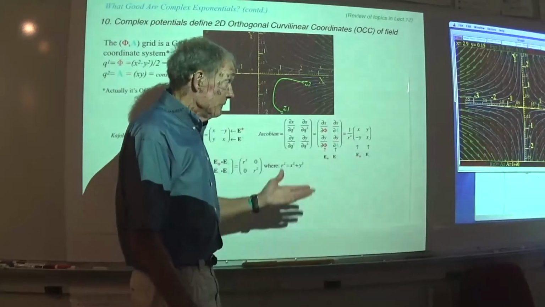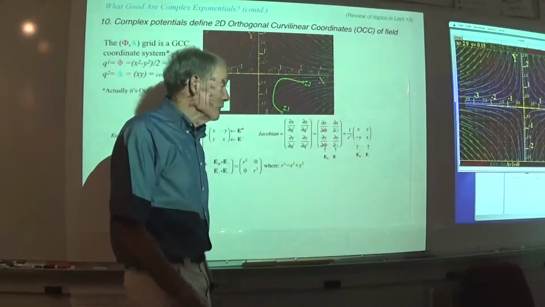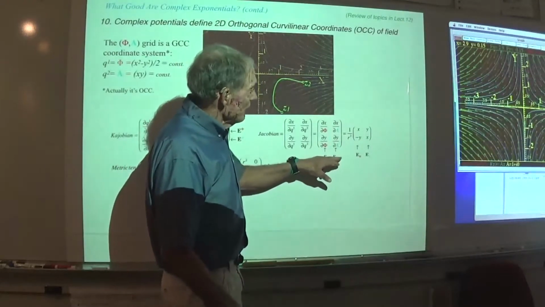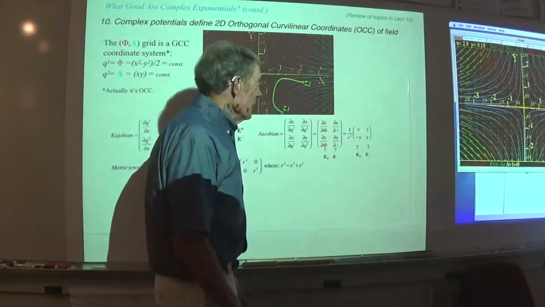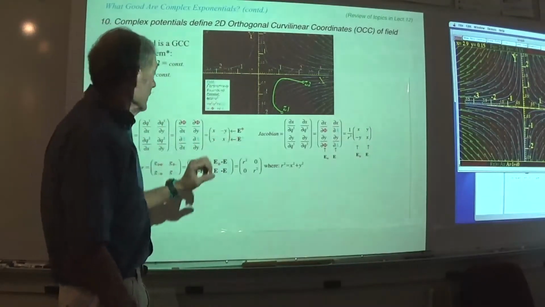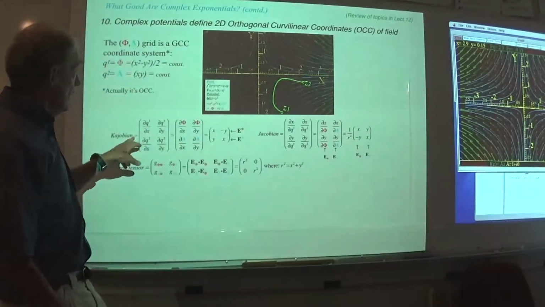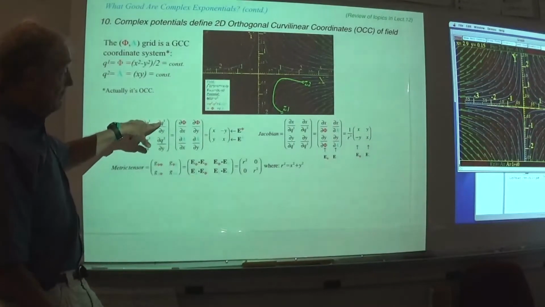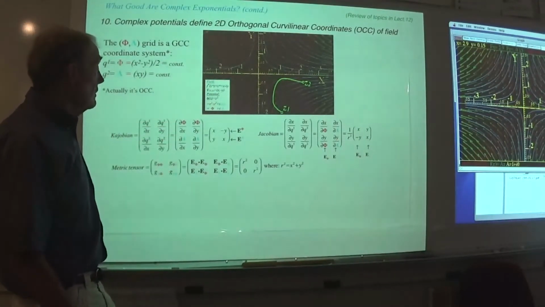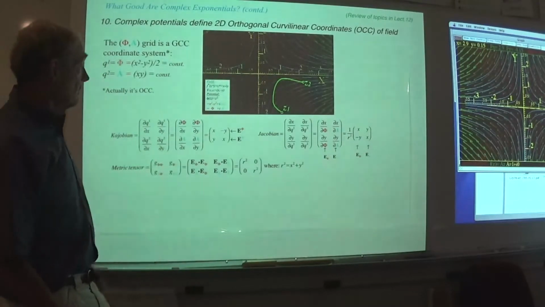Its units are inverse distance. But here are the covariant vectors, and they're pretty much the same as the contravariant vectors, which are gotten from the Jacobian, where I've taken the partial derivatives with the queer coordinates, namely the scalar and vector potential, in the numerator of the partial derivatives.